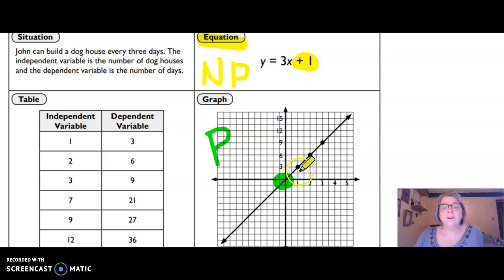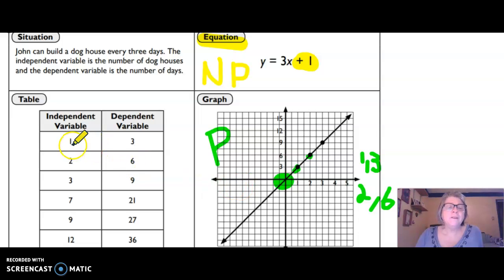So I'm going to start here on the graph, and I'm going to see that 1 is paired with 3. So I have 1 and 3. Then 2 is paired with 6. So I have 2, 6.